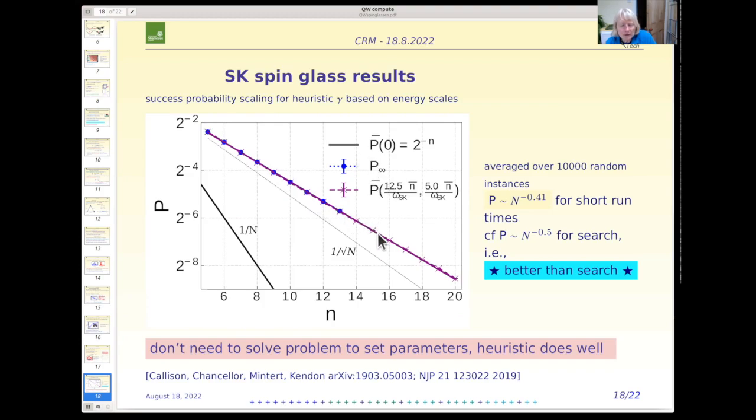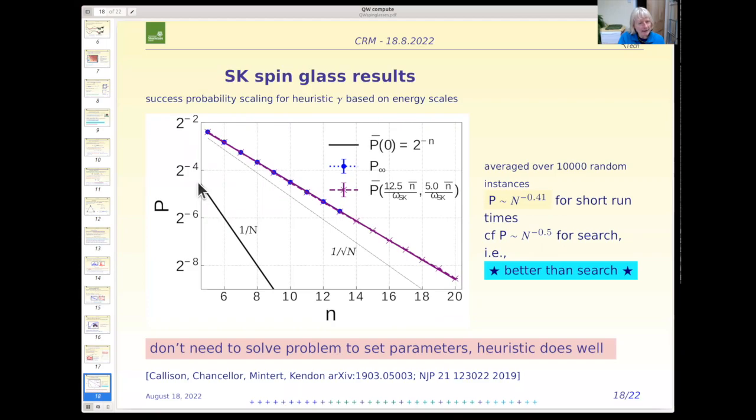And then we've run it for the ones we couldn't do the long time average for, and that fit carries on beautifully. What we get is a scaling that's about minus 0.41. So how to interpret that? If we had a square root scaling, which is what we would get for search, that would be minus 0.5.